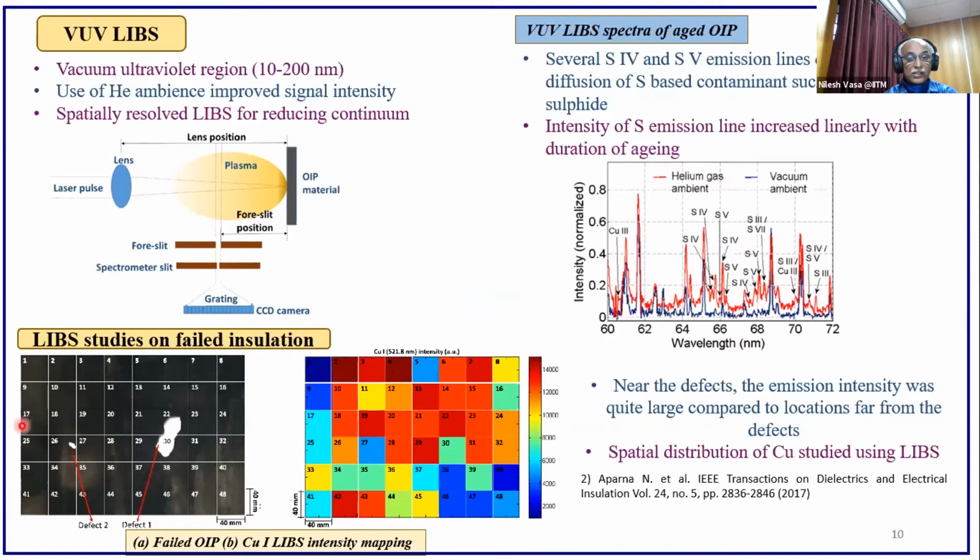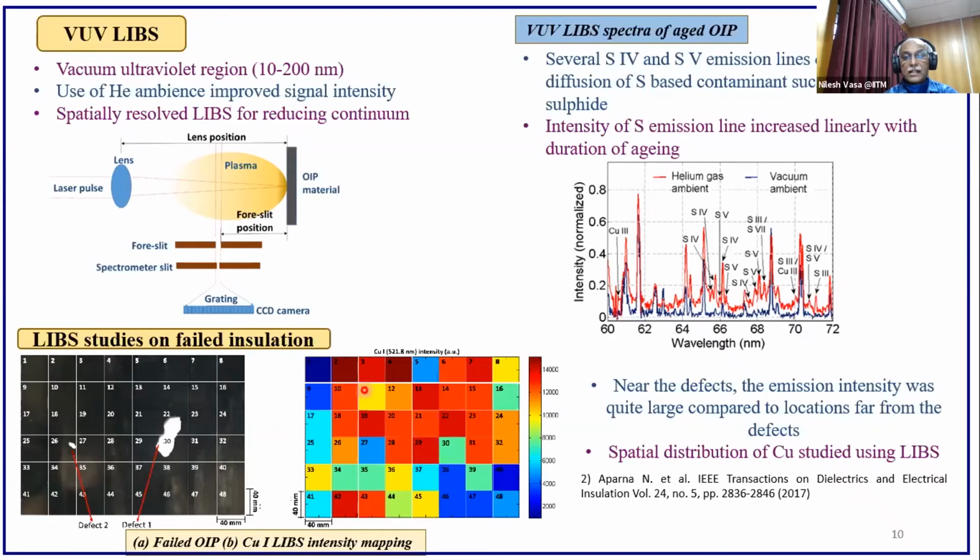And we also used the LIBS technique for scanning the whole pressboard across. In this case, we used a failed pressboard insulation material, and we tried to capture the information related to the diffusion of copper at different points.